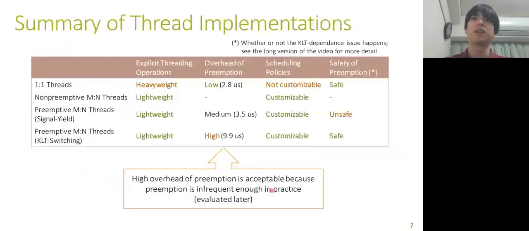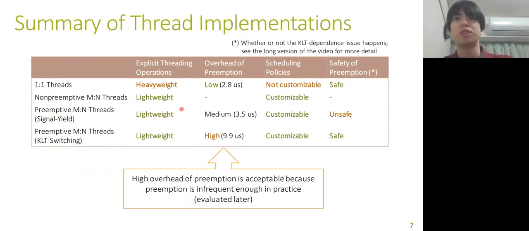Then I will summarize the thread implementations, and we addressed 4 thread implementations: one-to-one threads, non-preemptive end-to-end threads, preemptive end-to-end threads based on signal yield, and preemptive end-to-end threads with KLT switching.